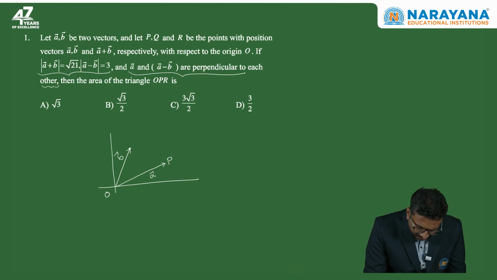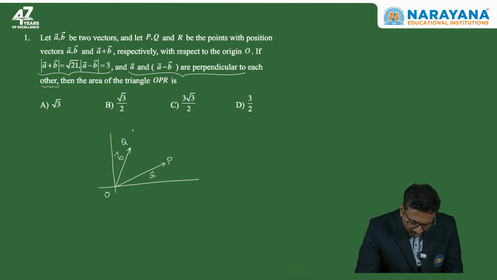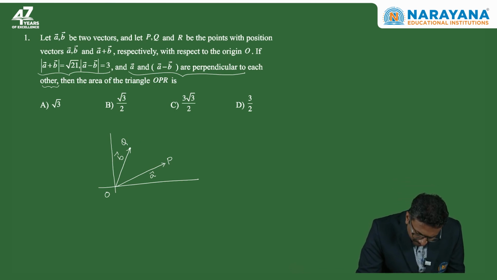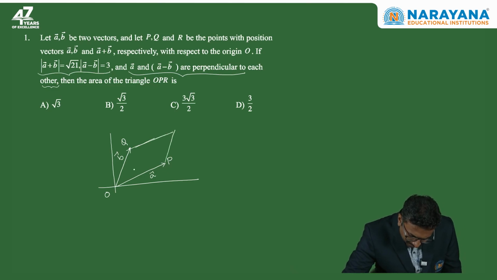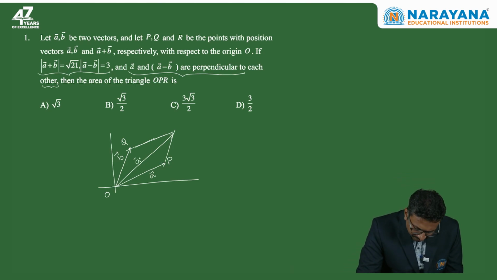Q is the point, so this point is Q. And the point R corresponds to the position vector a bar plus b bar, by using the parallelogram law of addition. So this vector represents a bar plus b bar. So the point with position vector a bar plus b bar is R.